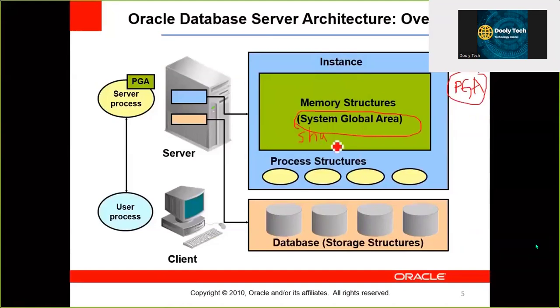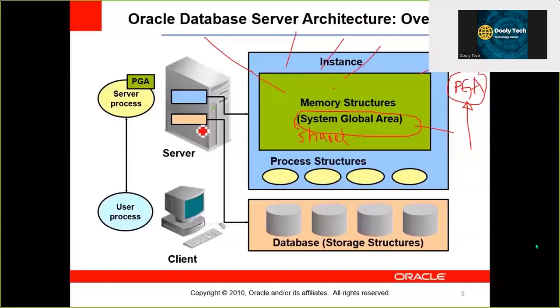I will call it the shared global area. Why is it called shared global area? Because this is common for all database users. There are multiple database users connected. So this is a common area available to all the database sessions, whereas every database session will have its own private PGA. PGA is private to each session. SGA is common for all the sessions.